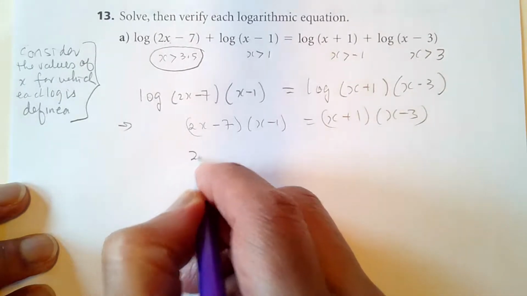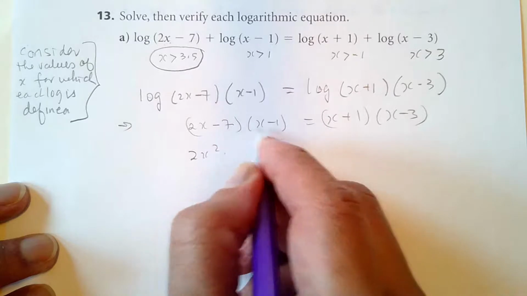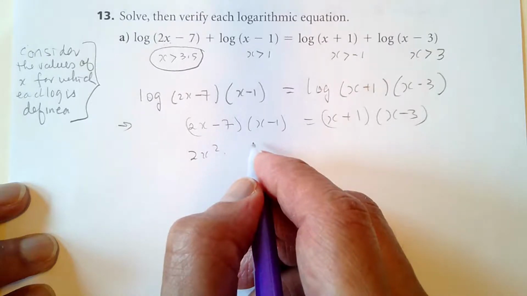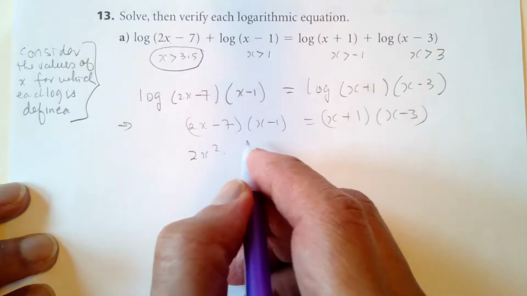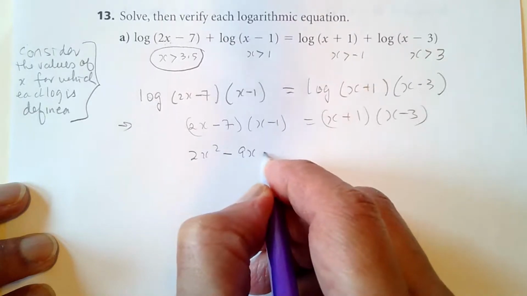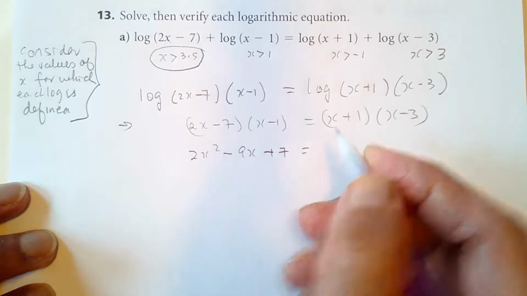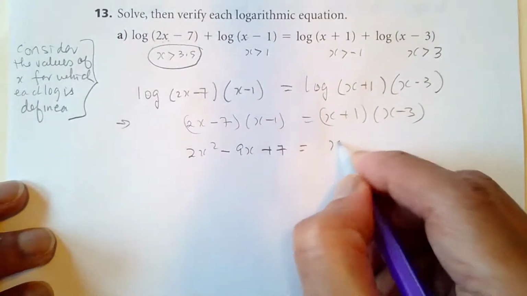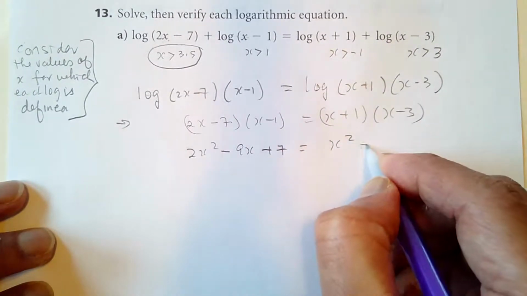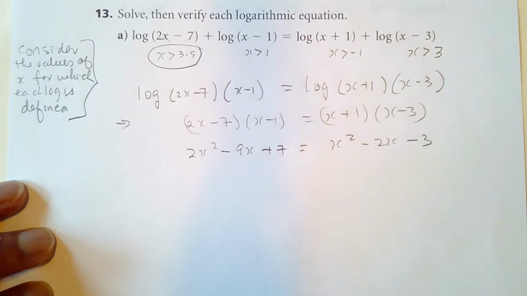So we have 2x squared minus 7x minus 2x gives us minus 9x, and that'll be plus 7 on the left side. And on the right side, we have x squared minus 2x minus 3.